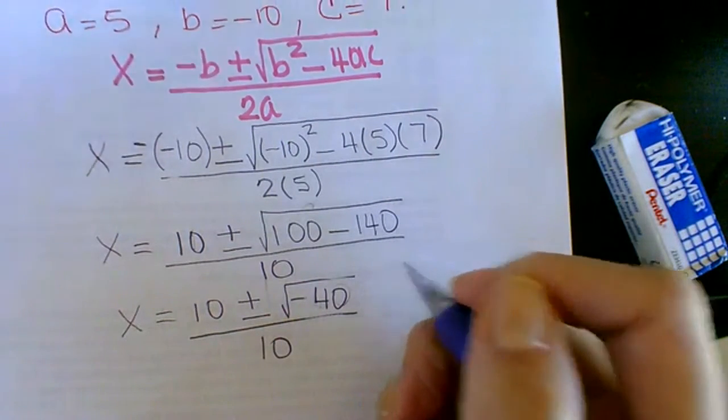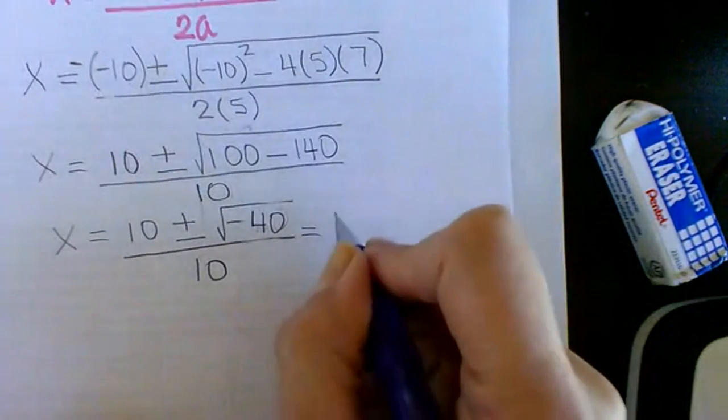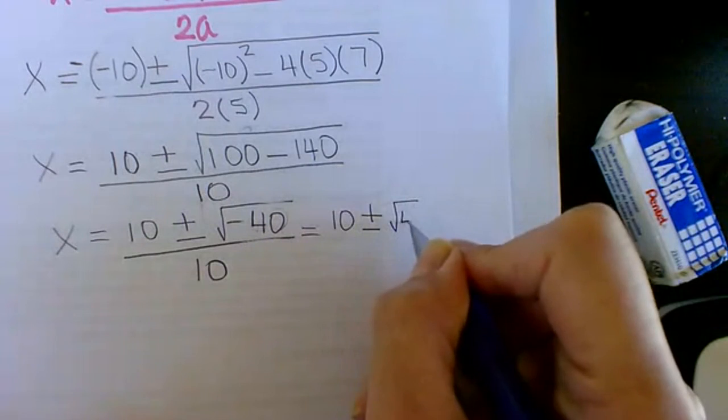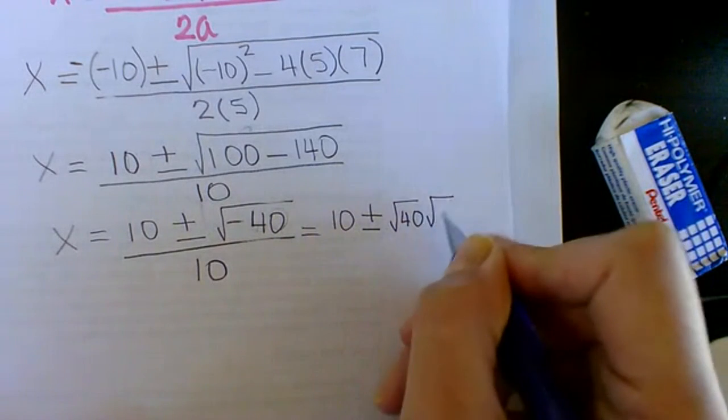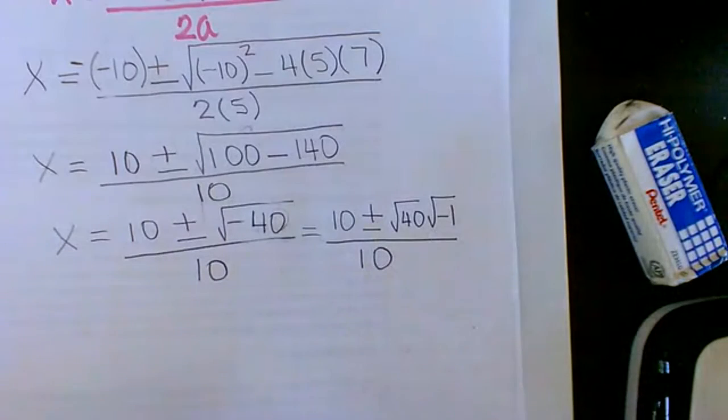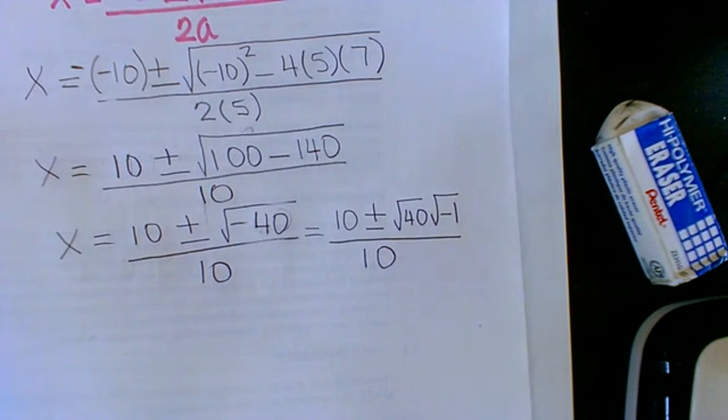Okay, now we have 10 plus and minus the square root of 40 and negative 1, correct? That's what we could do there.